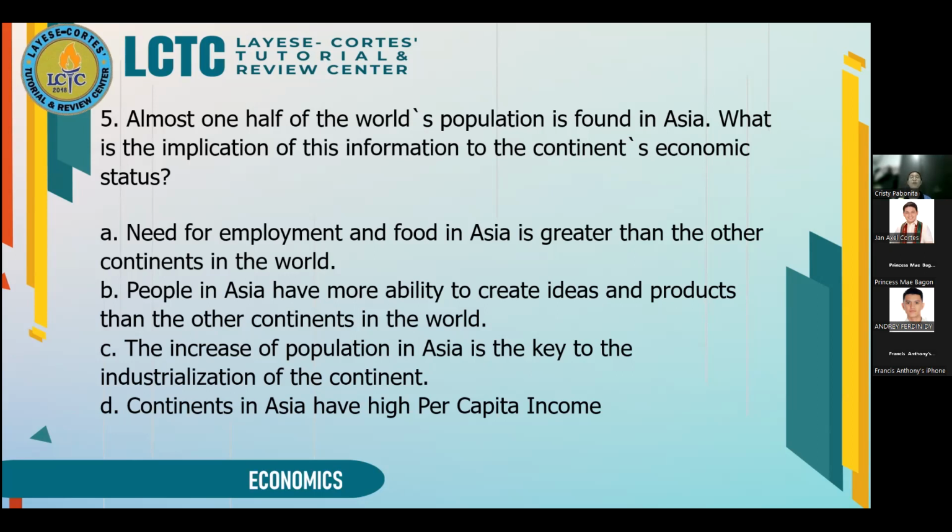Then go back to the question. What is the implication of this information to the continent's economic status? So we are focusing on the economic status. What's the relation of the population to the continent's economic status? Which of the choices speaks about a relation to the economic status of a place?